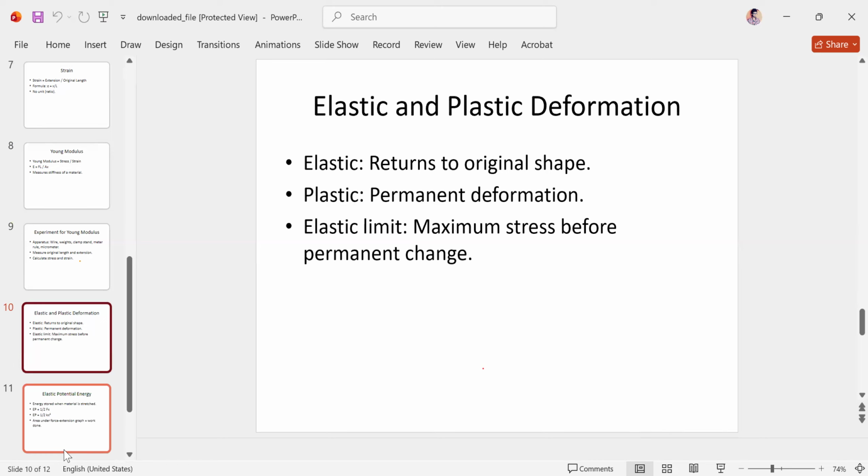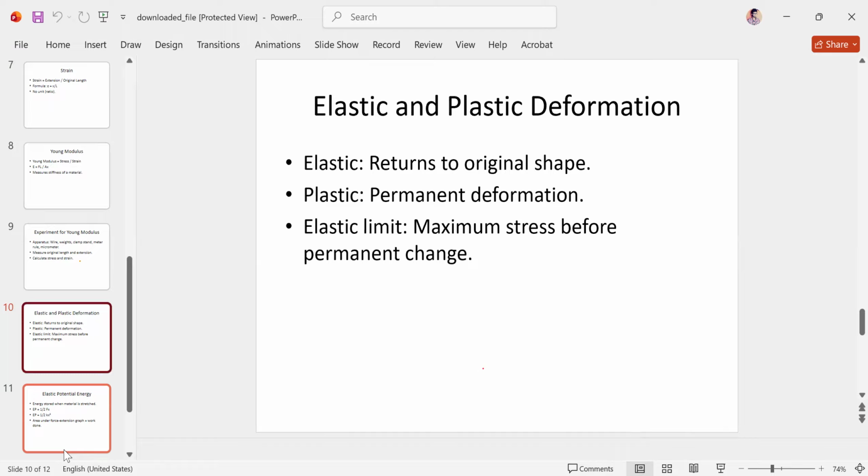Any soft material, when we apply a force, changes its position or shape. We will understand what an elastic material will perform, and what a plastic material will perform and show as the result. We will also understand the difference between elastic and plastic material.